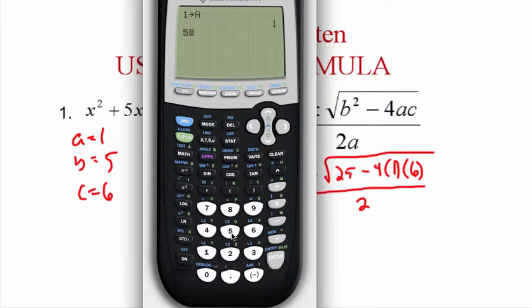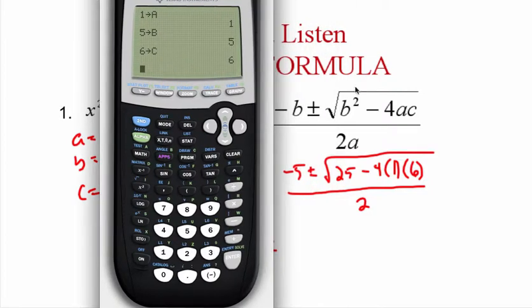I'm going to do 5 store alpha b. And I'm going to do 6 store alpha c. So I'm going to store the values for the variables. The first thing I'm going to type in is what's underneath my radical. So I'm going to type in b squared minus 4ac.